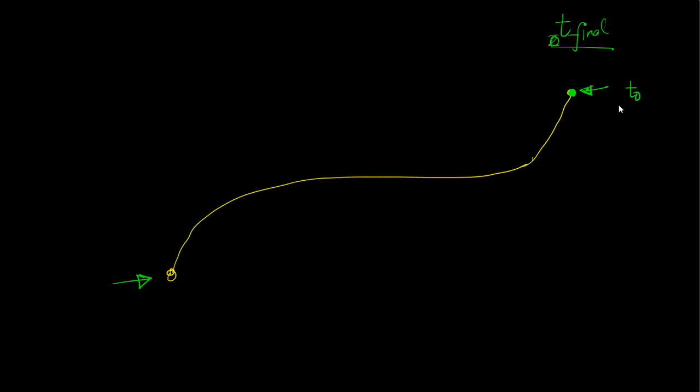Now if I were to imagine a particle injected at 1.1 times t naught, that is at some time after this, it would take some other path and end up over here. Then let me imagine another particle which is injected at t equal to 1.2 t naught.